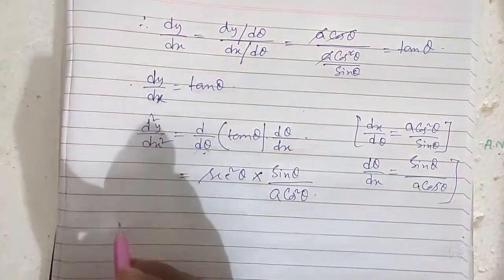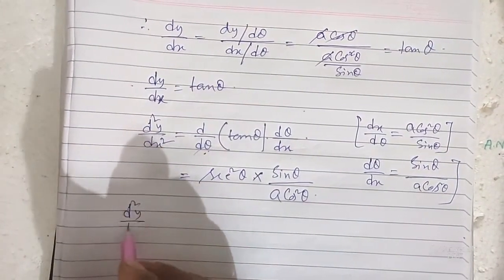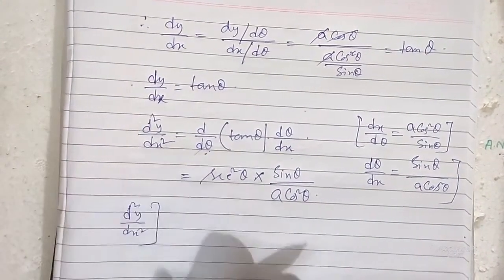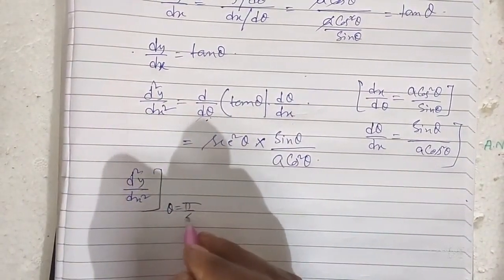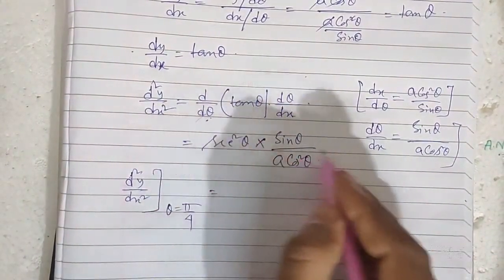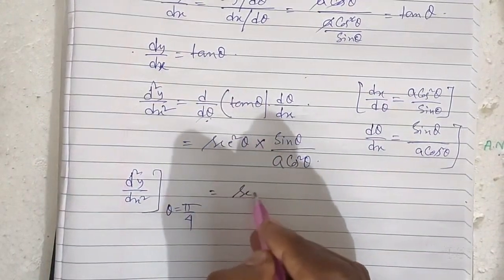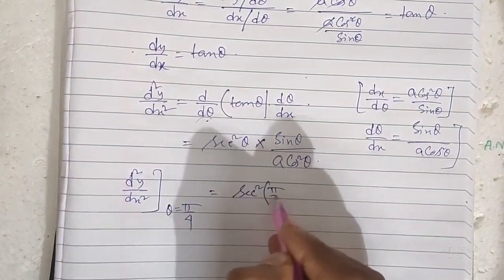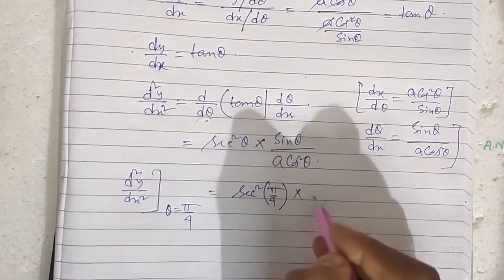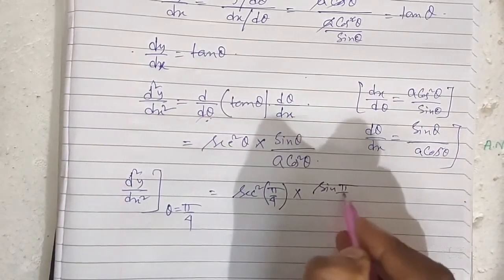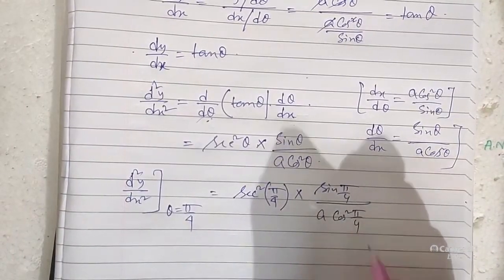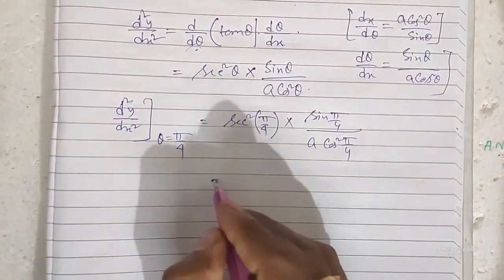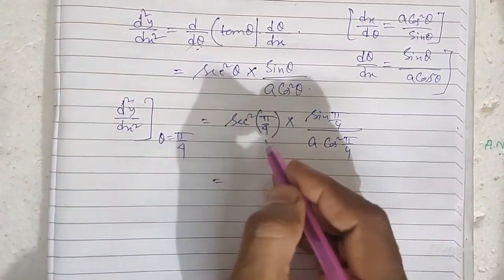Now I have to find what? I have to find d2y by dx2, the value of this at theta equals pi by 4. So I just have to replace theta: sec square pi by 4 into sin pi by 4, divided by a cos square pi by 4, is equal to sec square pi by 4.